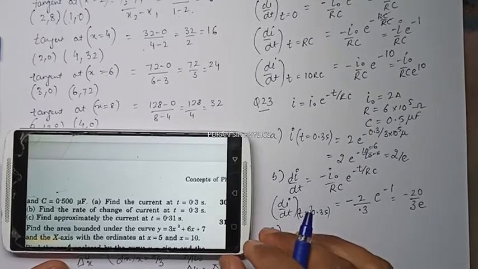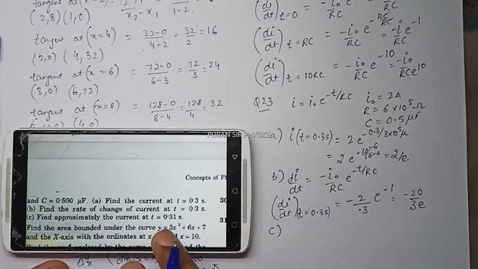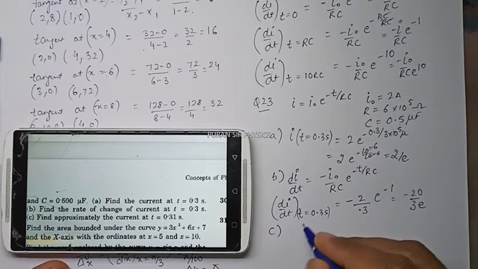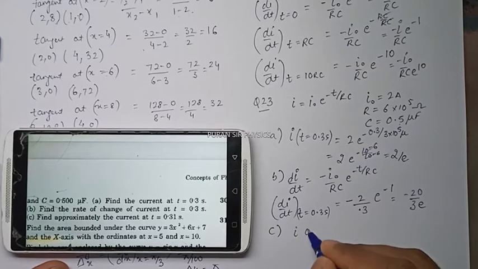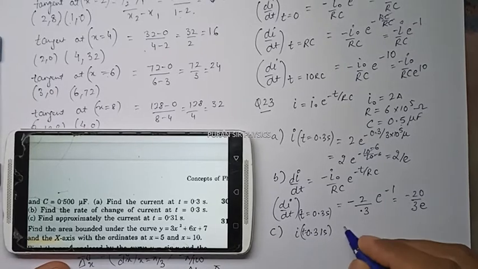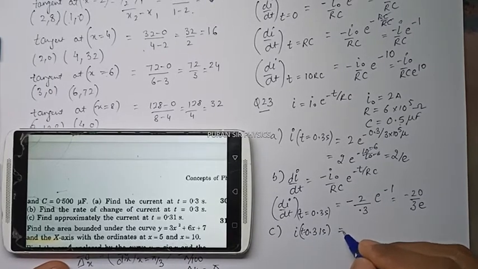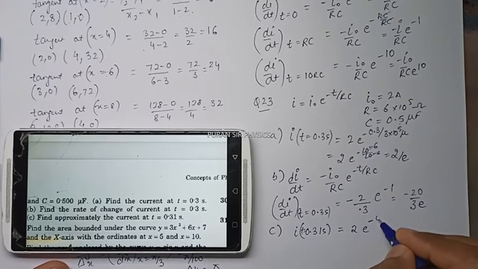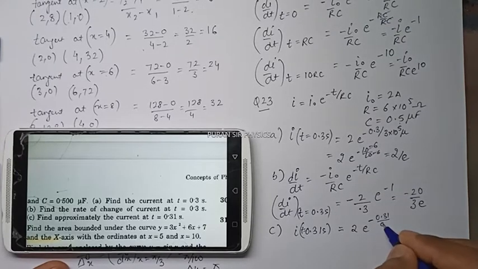In the third part, find approximately the current at t equals to 0.31 second. So it will be 2 e raised to power minus 0.31 upon 0.3.